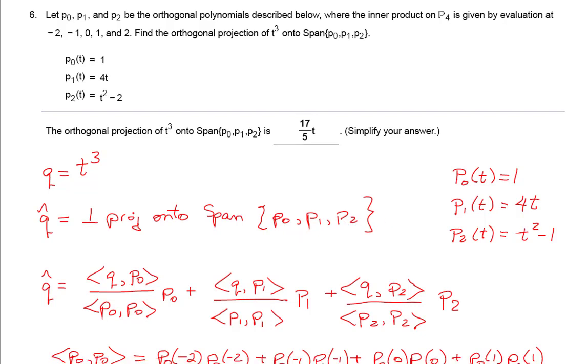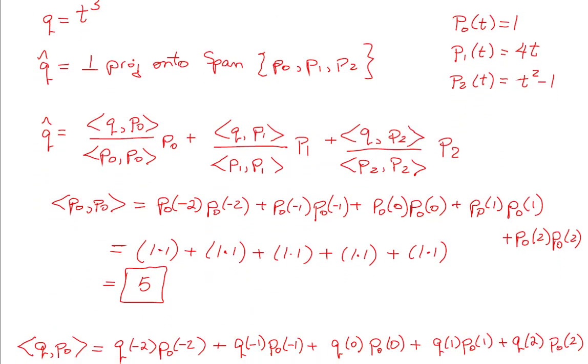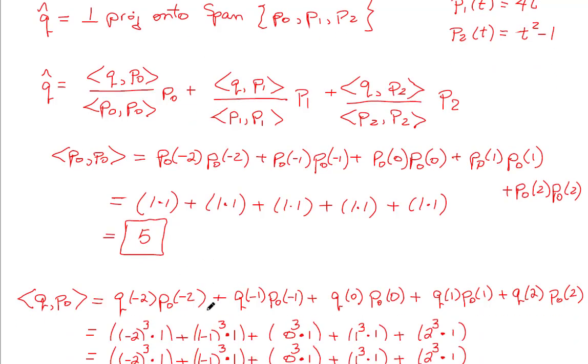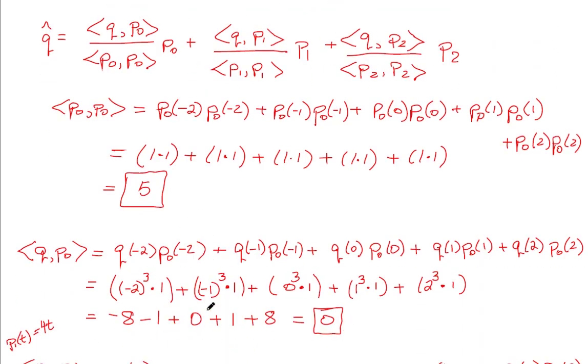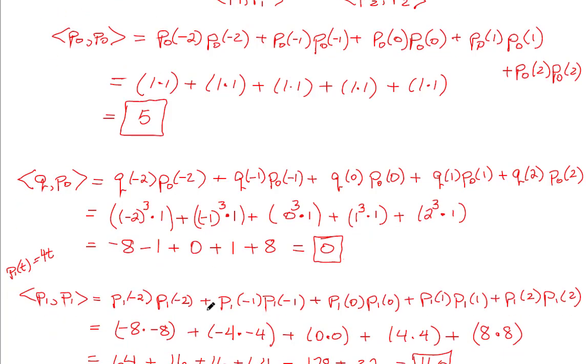So notice that when I do this projection, I've got 3 pieces to calculate, or 1, 2, 3, 4, 5, 6 inner products. And each of these 6 inner products has to be evaluated at our 5 places. So it's just long and tedious to grind out each one of these slowly. I'll let you follow it in the notes. There's no great details except be careful and don't lose a sign or a number.